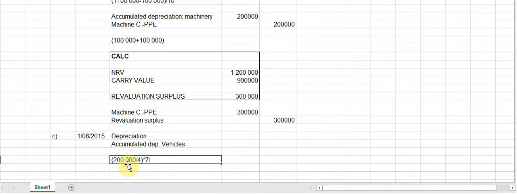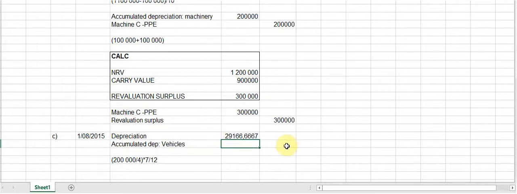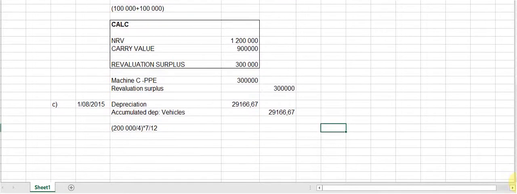So it is 7 out of 12 months. If I do this calculation, I get to a depreciation of 29,166. I'm just going to round it again to 2 decimals because we work with money. Right, that is the first step if we have to measure an impairment loss.